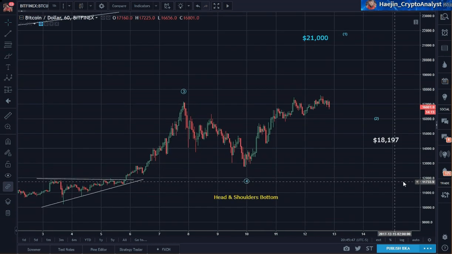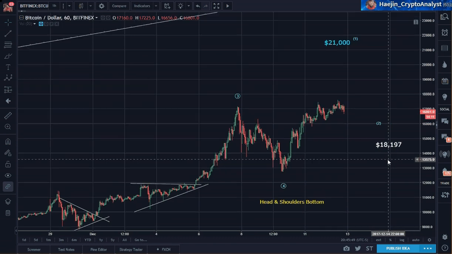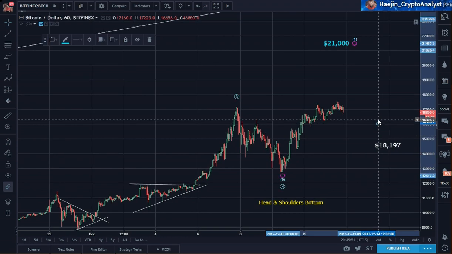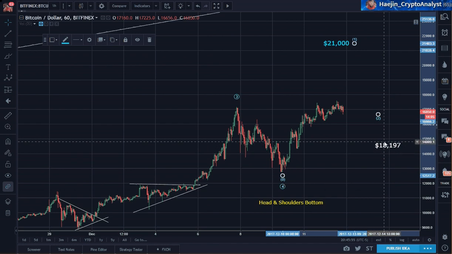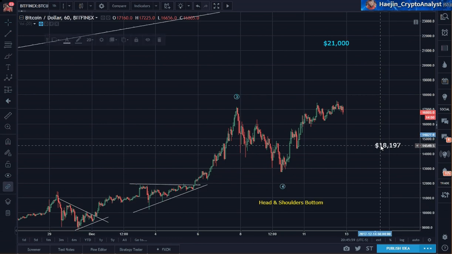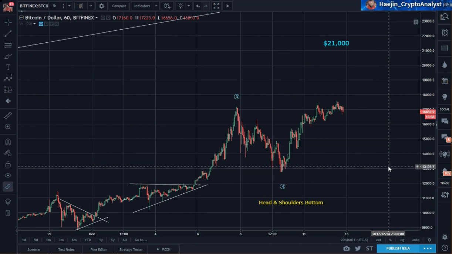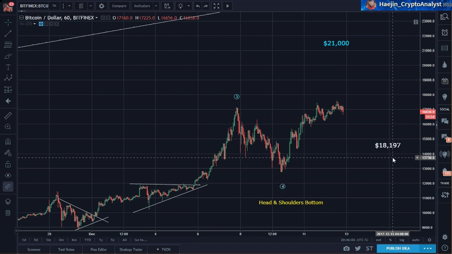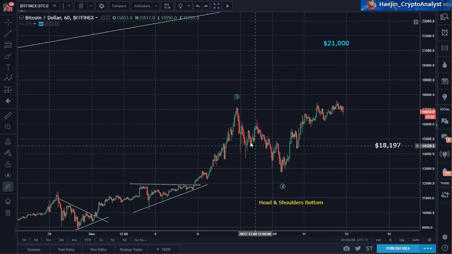Now I'm going to do a little bit of forward discernment. So we will be passing that. Okay, leave that there for now. So we have the head and shoulders. What if I do this?